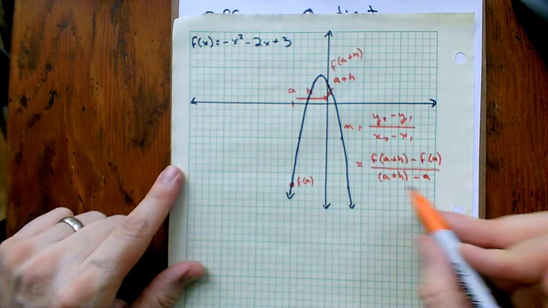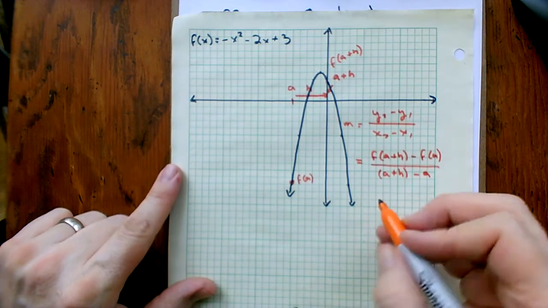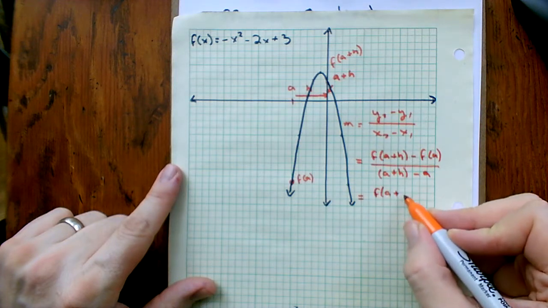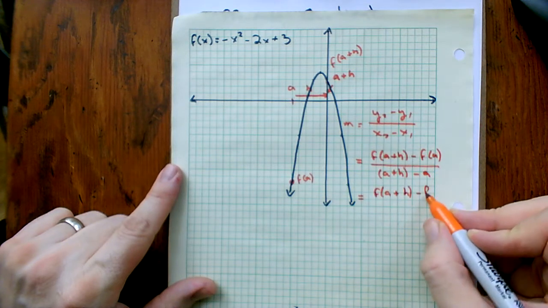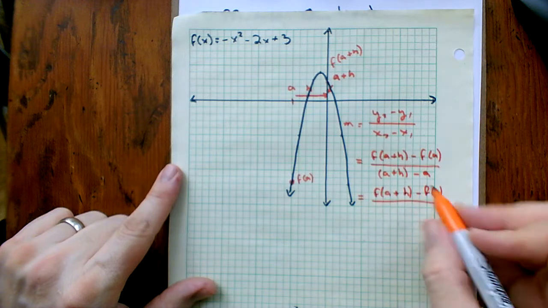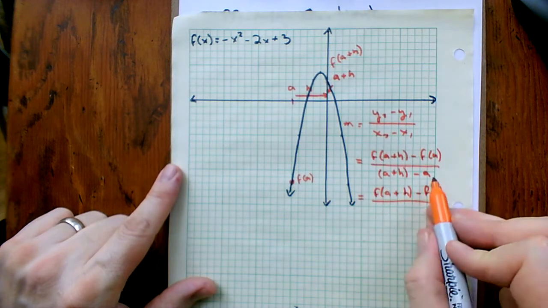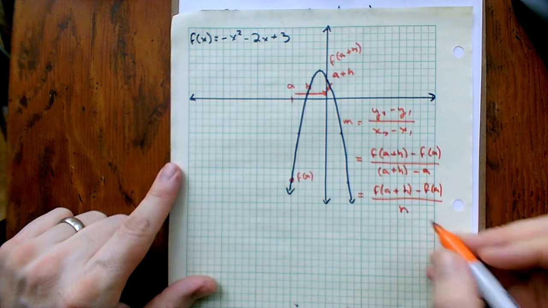And you'll notice something funny happens here in the denominator. The numerator is going to be f of a plus h minus f of a, but in my denominator, a plus h minus a, the a's are just going to cancel out, so I'm just going to be left with a single h down below.